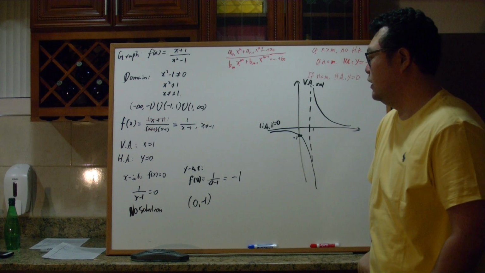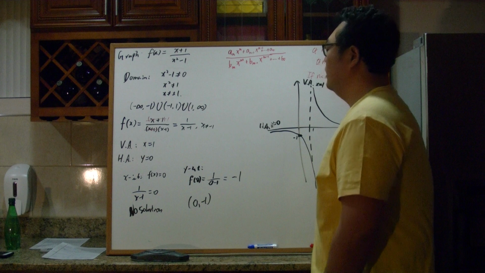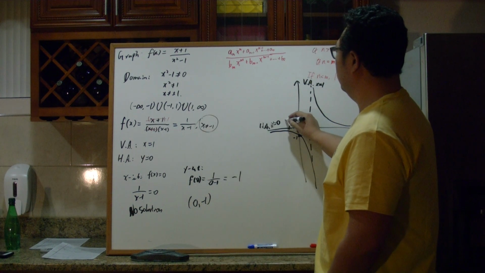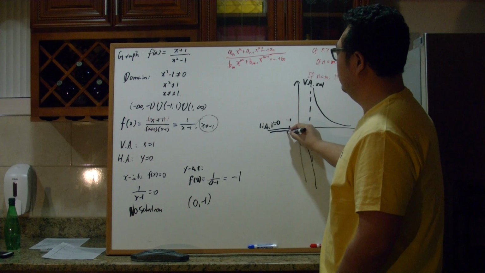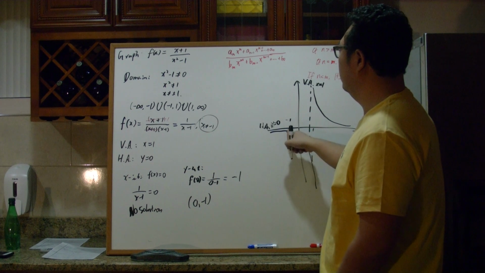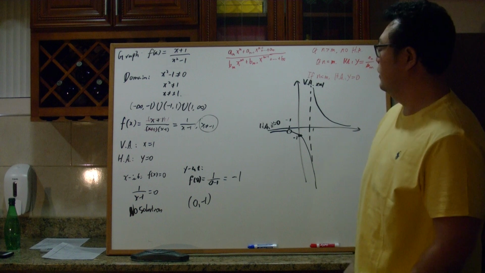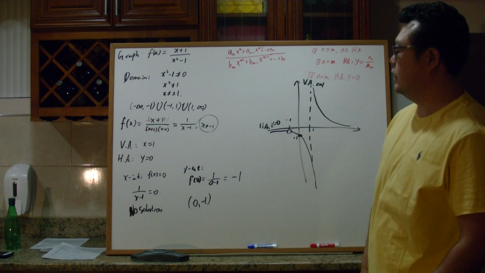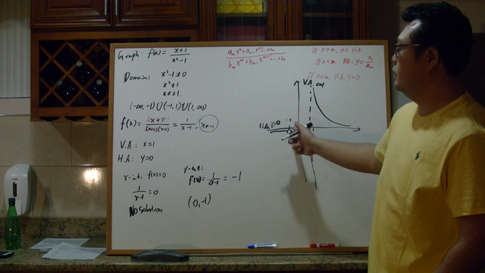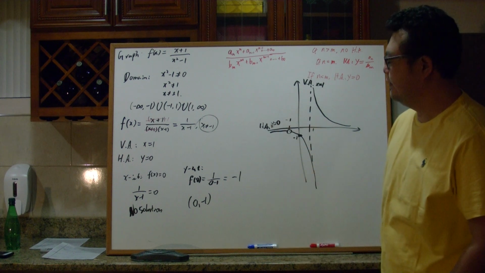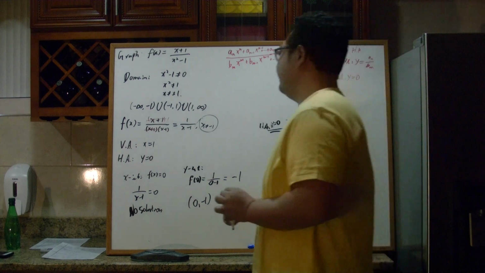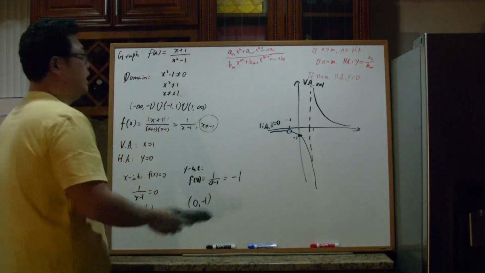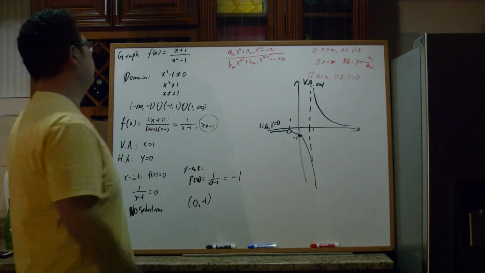The extra condition is x cannot be negative 1, so at x equals negative 1 we just dig a hole in our function. That is the discontinuity, just a hole over there. So that is this rational function.